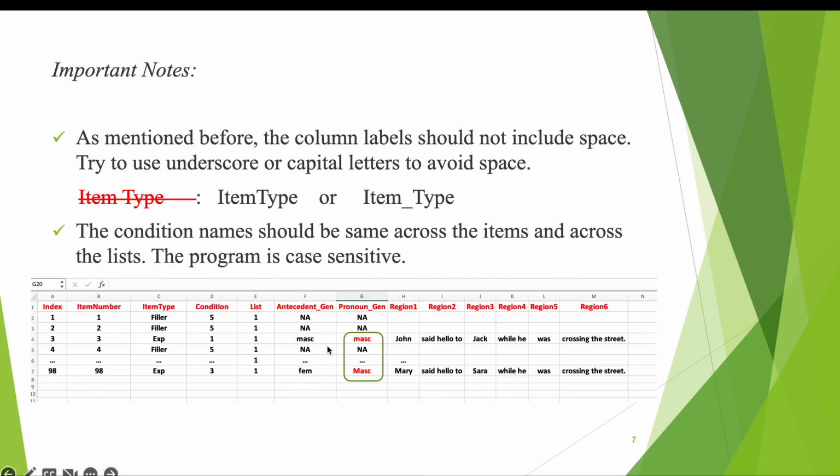What I mean is that, for example, if you pay attention to this example spreadsheet, for the pronoun gender variable, one level is masculine, all in lowercase, and another level is Masculine with a capital M. So in data analysis, R or Python or whatever other statistics program you are going to use, they think that we have 2 different levels.